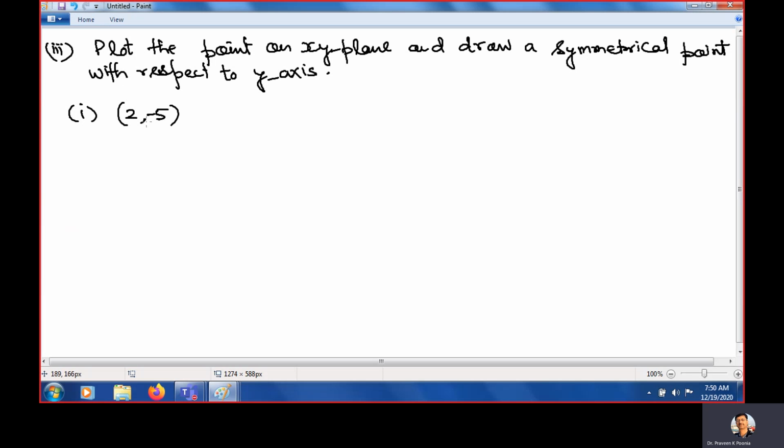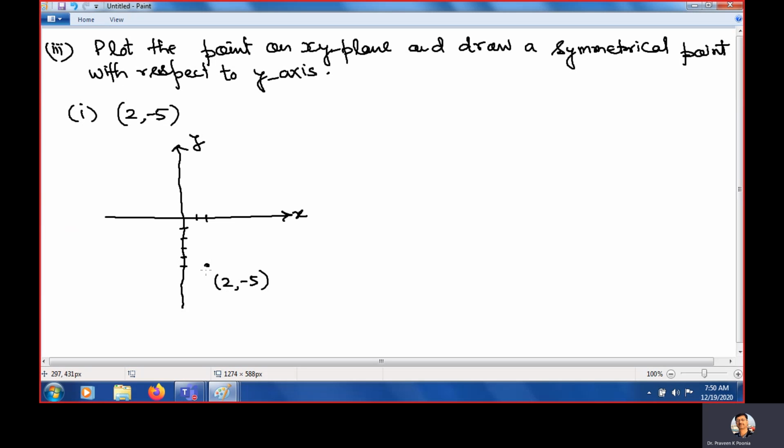This is the point. We are taking the point 2, minus 5. Let us draw this x-axis, this y-axis, 1, 2. Draw the y-axis, minus 1, minus 2, minus 3, minus 4, minus 5. So this point is 2, minus 5. This is how we plot the point. Move the x distance, then move the y distance, and then mark the point.